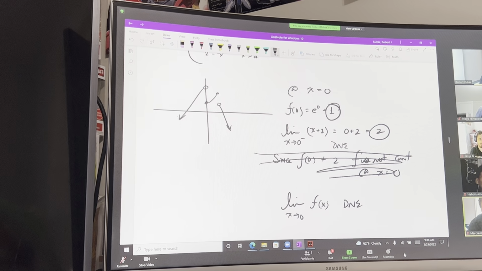I agree, the limit as x goes to 0 doesn't exist, right? But I got it. Thank you, Professor. Nice, good.